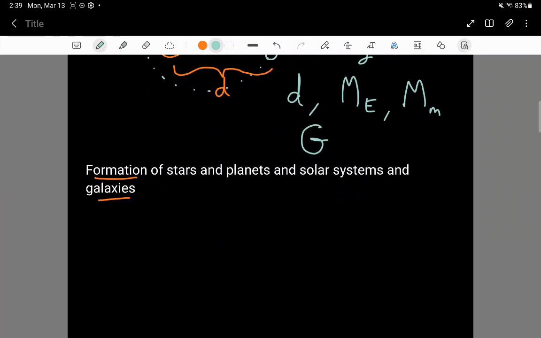So gravity also has a lot to do with the formation and also, honestly, the destruction of stars and planets and solar systems and galaxies. If two galaxies run into each other, they can merge and become a single, bigger, more massive galaxy, right?